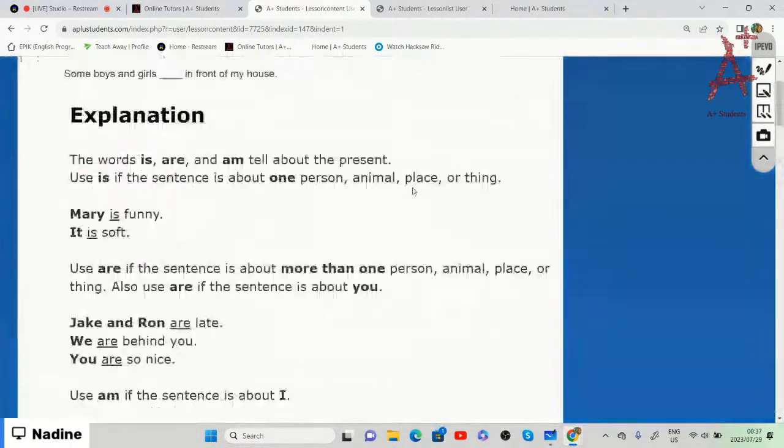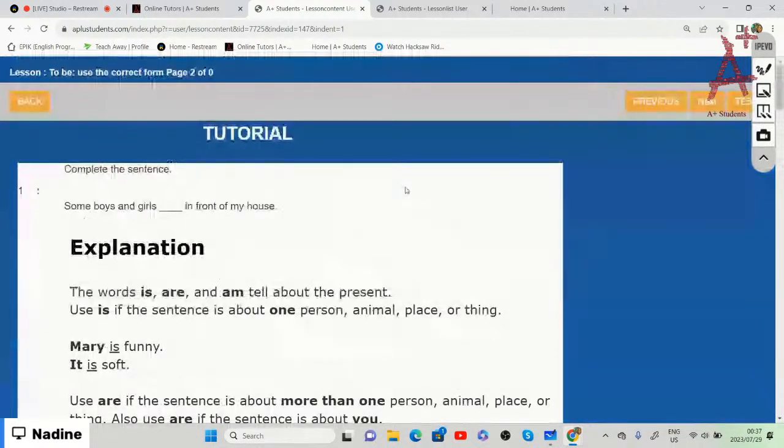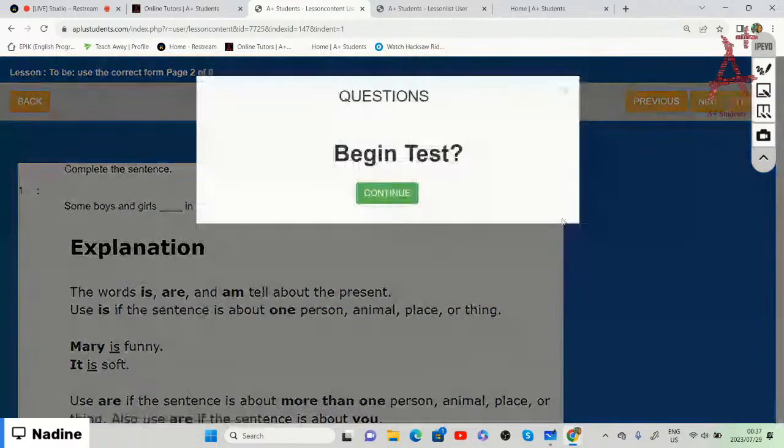The way they made it was a bit tricky, right? Because they didn't specifically state whether the question is being asked in the past tense or the present tense.